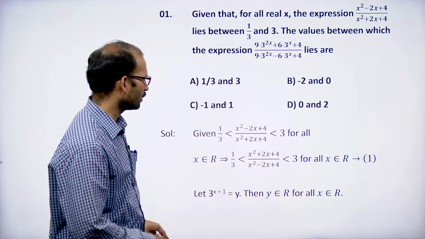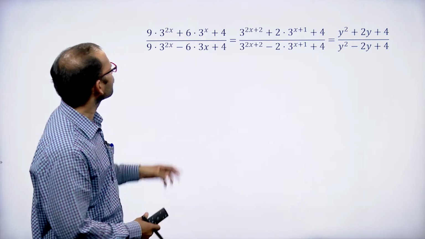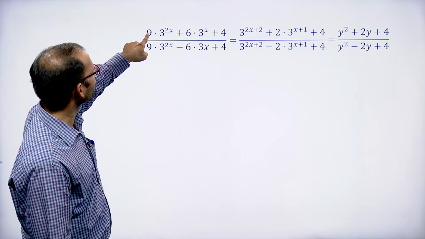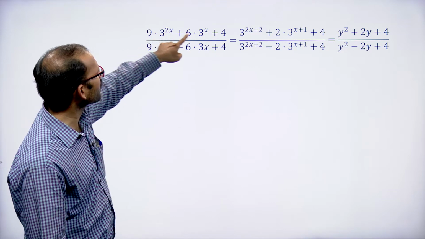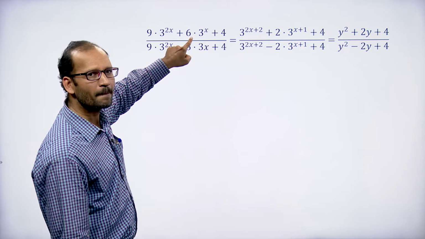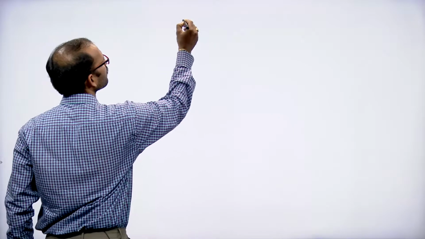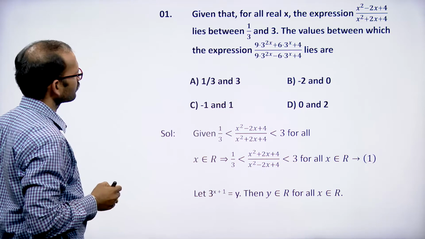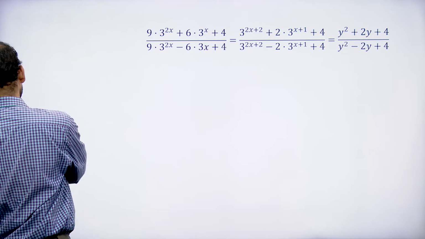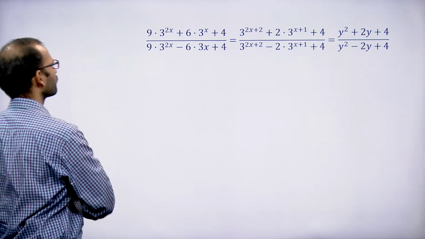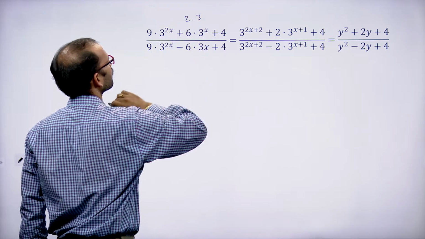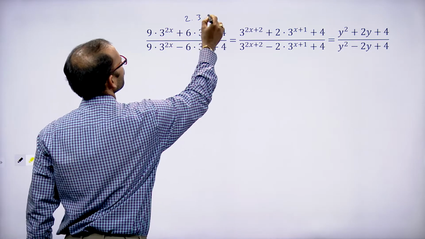Let us move to the next slide. So this is the given expression, this I can write 9 as 3 square. So 3 square into 3 power 2x will be 3 power 2x plus 2. 6 can be expressed as 2 into 3, into 3 power x.